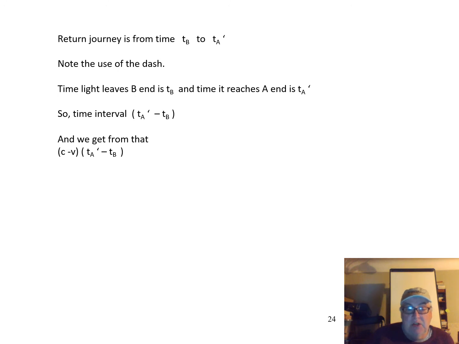The return journey is from the times T subscript B to T subscript A dash, and you note the use of the dash. So the time interval is T subscript A dash minus T subscript B, and from that we get c minus v all times the time interval.